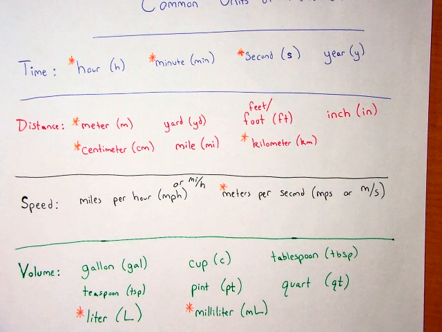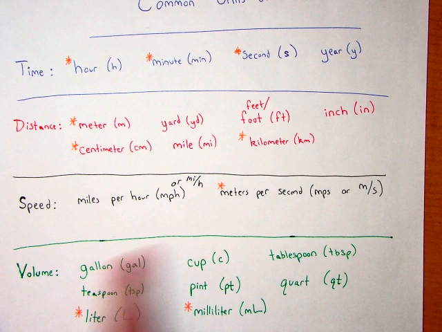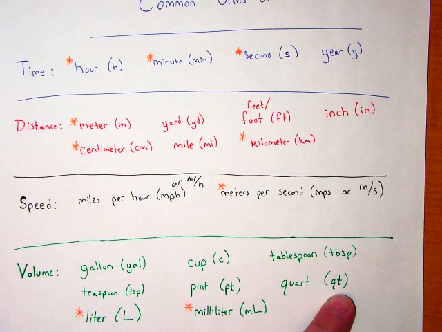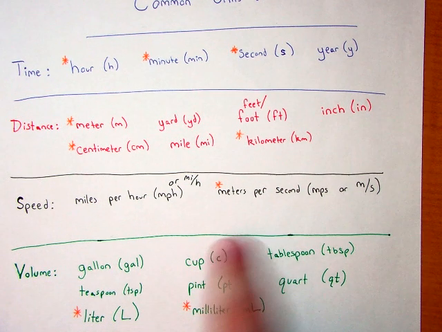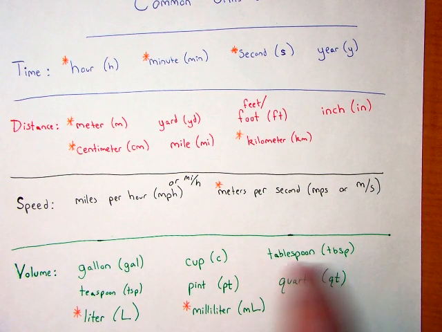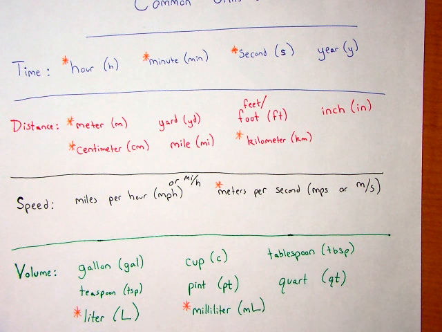Those are all very common cooking volumes. So if you are used to reading recipes in the United States, you have probably seen almost all of those at some point. However, the rest of the world doesn't really use these first six very much.